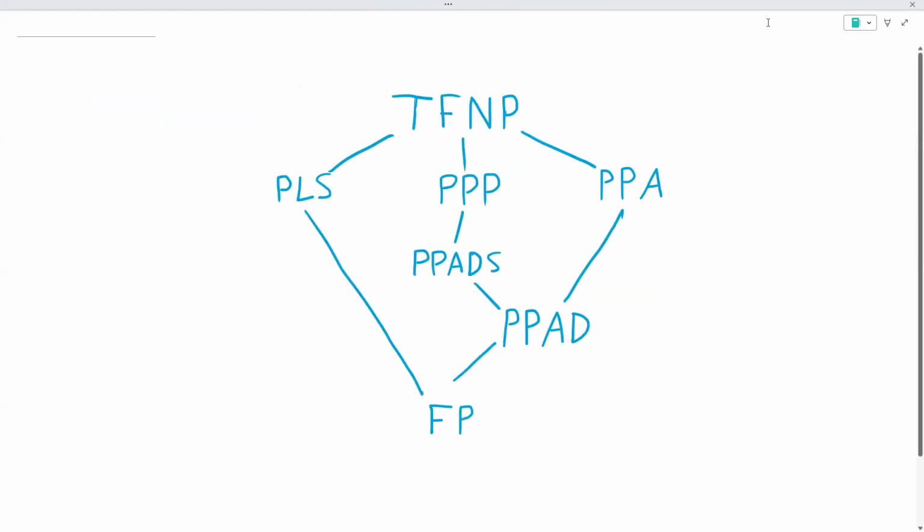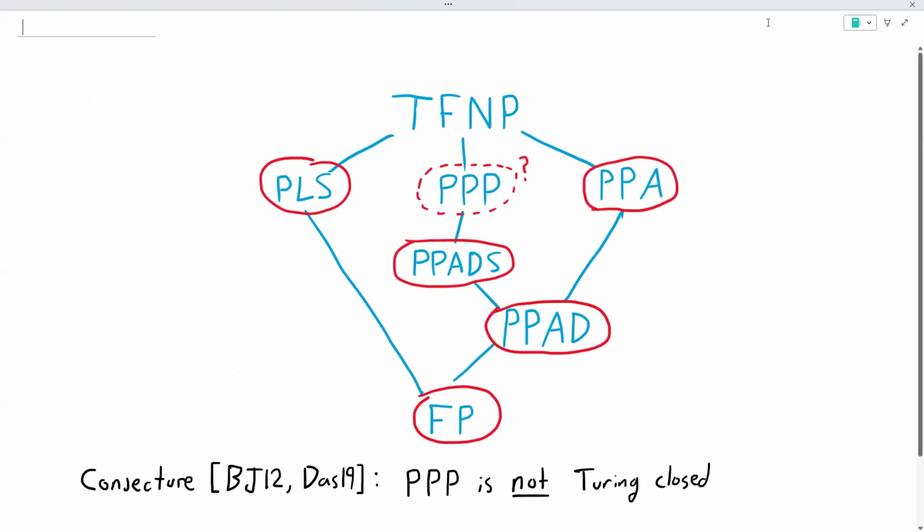So let's take a look amongst those TFNP classes I laid out before, which of these are known to be Turing closed? And the answer is, in fact, all of them except for PPP, where we don't know, and it is conjectured that PPP is not Turing closed.